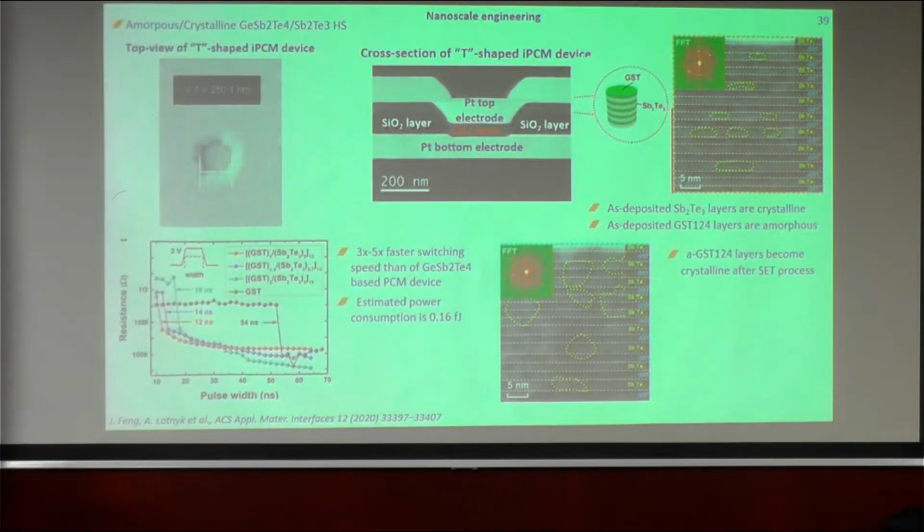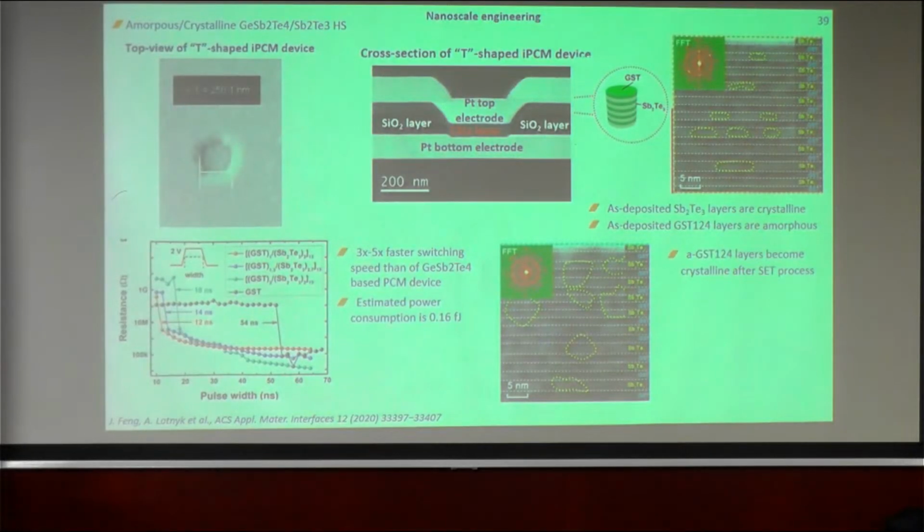As I already mentioned, antimony telluride, if you deposit it at room temperature, is already nanocrystalline, so it has very low thermal stability, and it's difficult to stabilize the amorphous phase. GST124 is a typical phase change material with higher crystallization temperature, and it can be produced amorphous at room temperature.